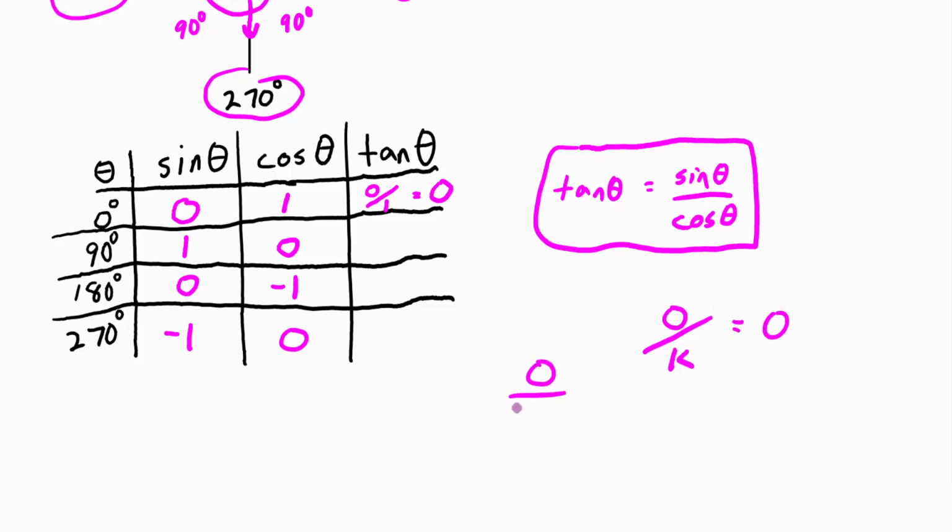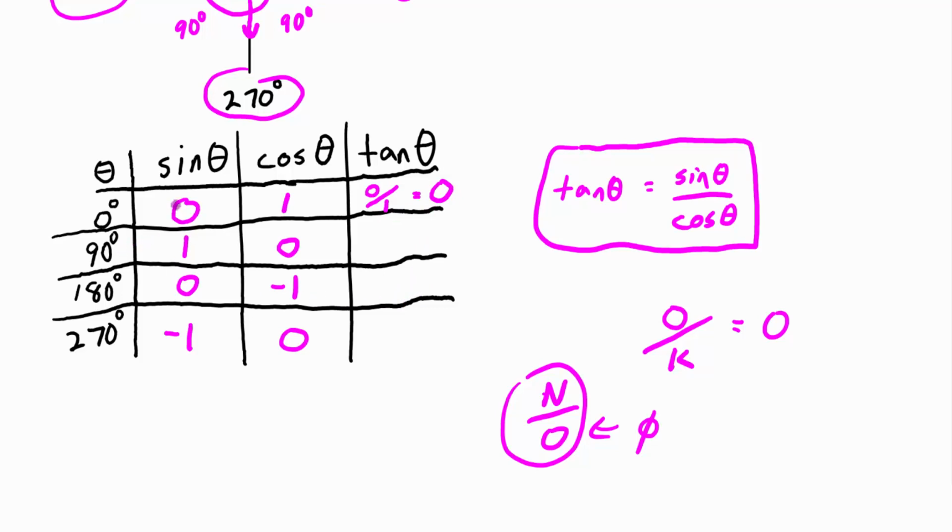But some constant divided by 0 is undefined, and it's not okay. No, right? NO. This is undefined. I know it's lame, but it's a way to remember it. So 0 divided by 1, that's okay. That's 0.